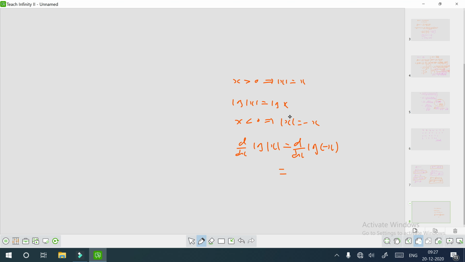See, log is always defined for positive quantities, so why am I writing minus x here? Because x less than 0 implies minus x is greater than 0, so minus x is positive. Log of something gives 1 by something into d by dx of something. So 1 by minus x, minus sign common, d by dx of x is 1. So it comes out 1 by x. Yes or no? Yes.